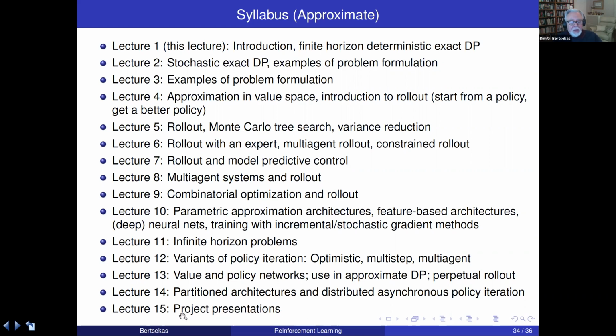And then project presentations is the last lecture, and it may also need a little bit more if the number of presentations does not fit into 2.5 hours.